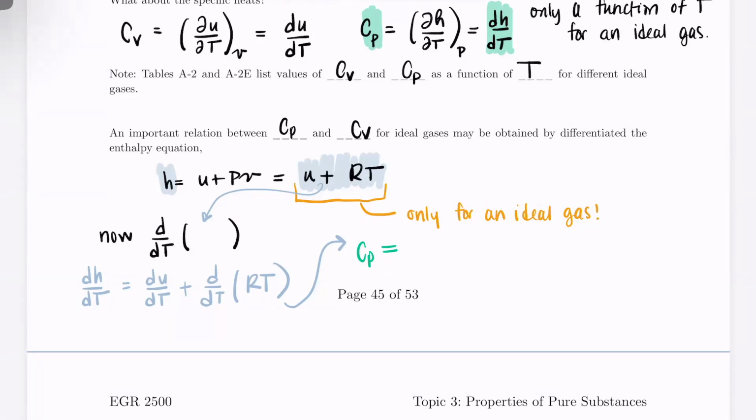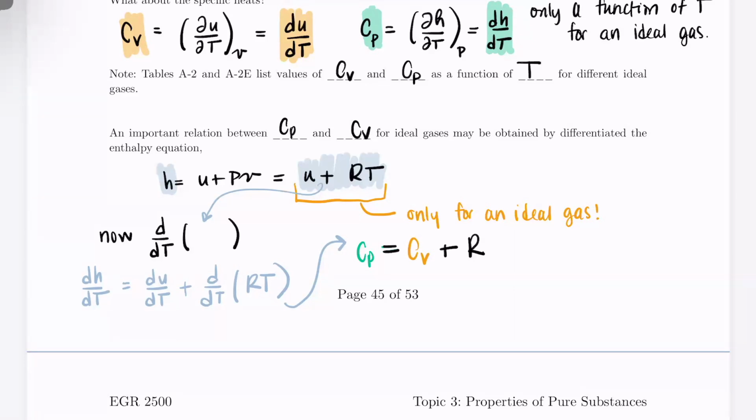That's Cv. Cv, and then what about the second term? R? Yeah, so this is just R. R is a constant, so it comes out of that derivative, and then dT/dT is just 1, of course. Okay?